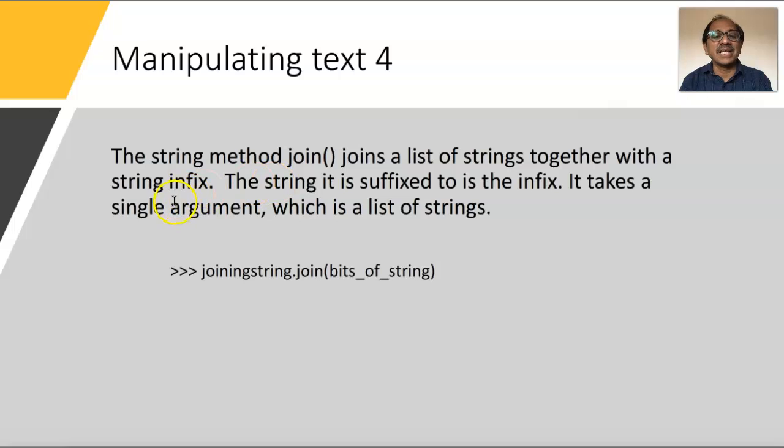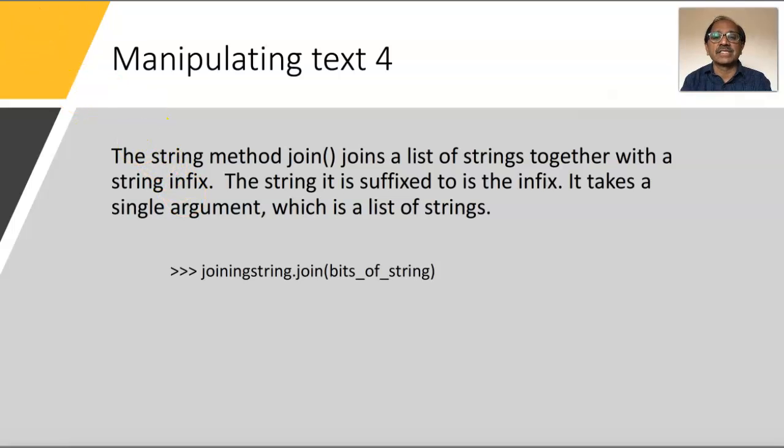It takes a single argument, which is a list of strings. So this is the joining string. Whatever string you want to use as infix, you give it here. Then join is the method, and then the bits of string, whatever strings you have, 1 2 3 4 5, and in between 1 and 2, 2 and 3, 3 and 4 you have the joining string. That's what this method does.